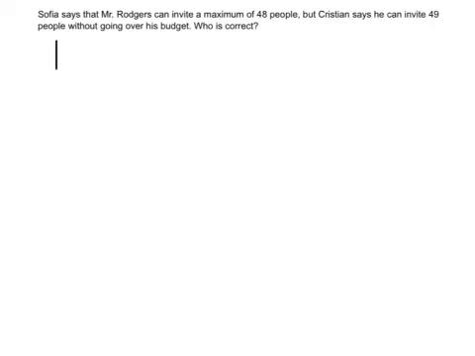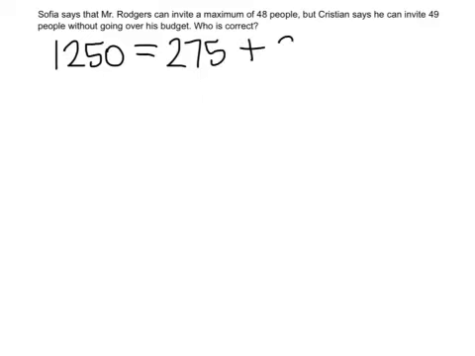We know $1,250 can be equivalent to $275 plus $20 times P, number of people. To check this, all we have to do is substitute in 48 people for P and then 49 people for P. So let's go ahead and do that.